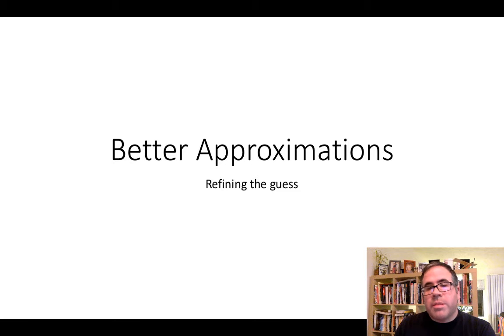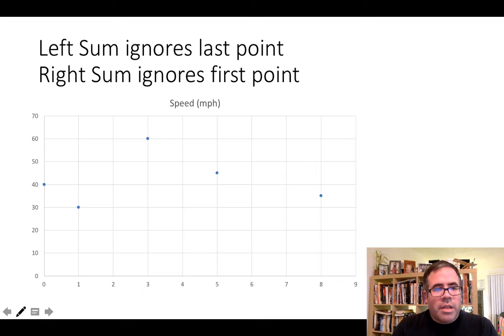The two examples I used were measuring velocity or speed and using that to approximate the distance traveled by an object, or measuring lengths at particular intervals and using that to approximate an area. Now, if you noticed, with few exceptions, the approximations were not very good. So today we're going to introduce a technique to maybe get better approximations.